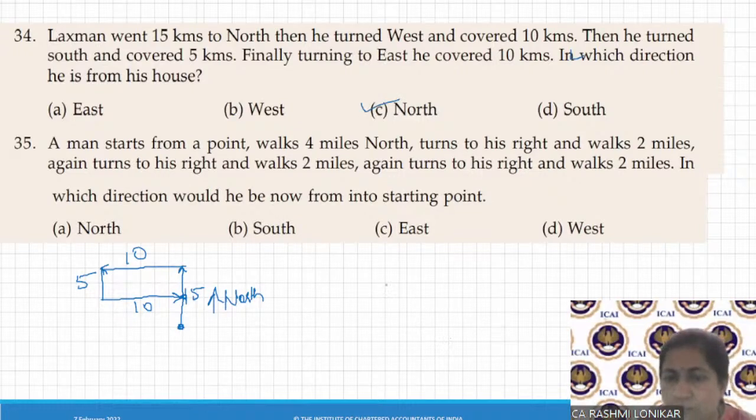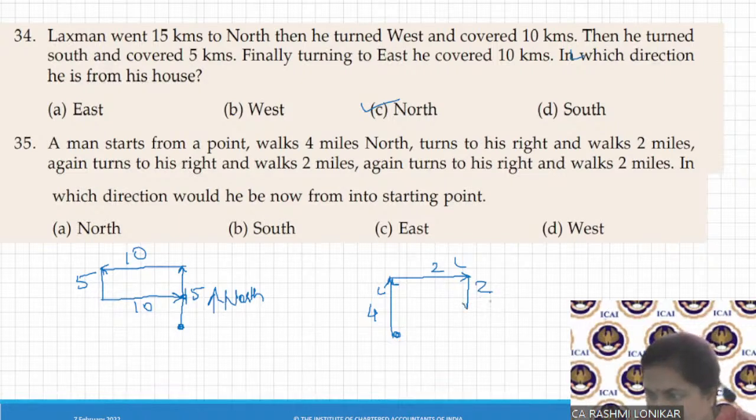Now, last sum. A man starts from a point, walks 4 miles to the north, turns to his right and walks 2 miles. Then turns again to his right and walks 2 miles.